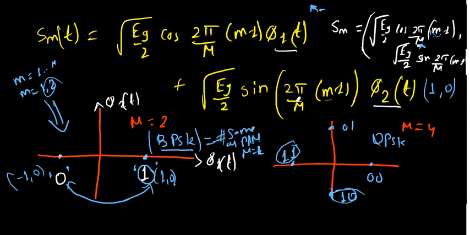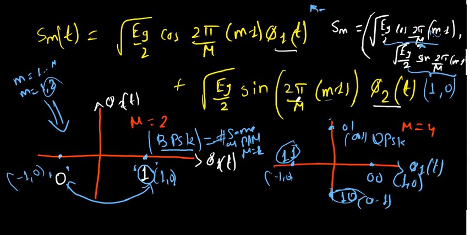So for m equals to 4, you will get 4 different points: 1 comma 0, 0 comma 1, then minus 1 comma 0, and 0 comma minus 1, right? Since you can see, it is a 2D case, it is very simple, right?